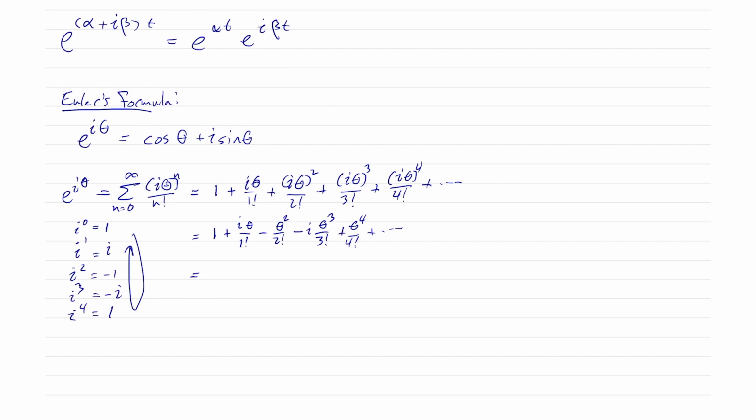For everything that does not have an i, it's going to be 1 minus theta squared over 2 factorial plus theta to the 4 over 4 factorial, and then presumably a minus next. And then plus everything that has an i, so I'm going to factor i out. I get theta over 1 factorial. I get minus theta cubed over 3 factorial. And I get plus, etc.